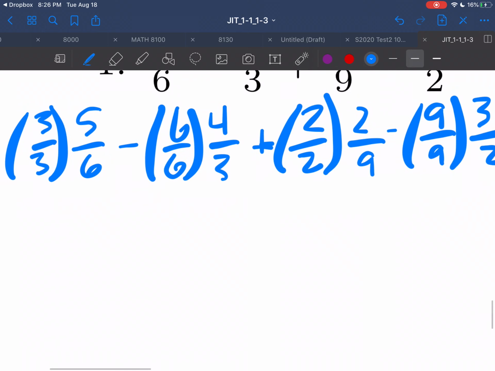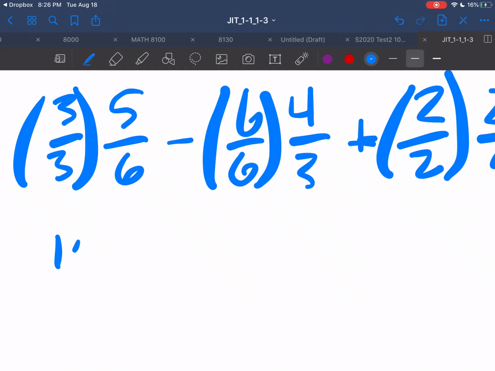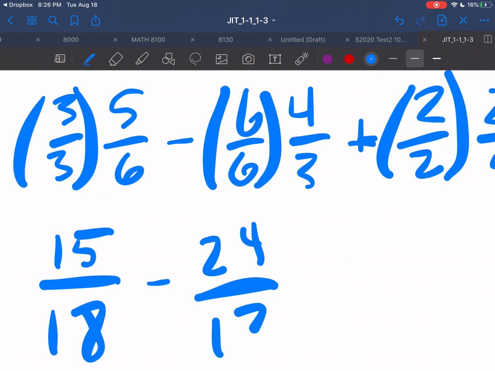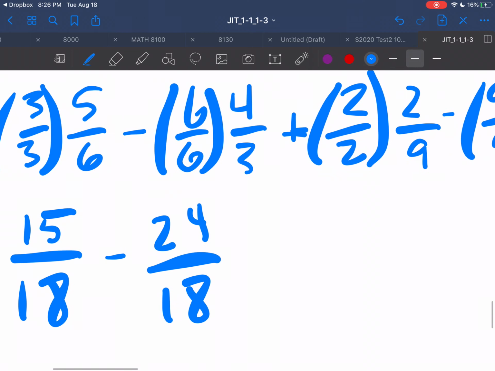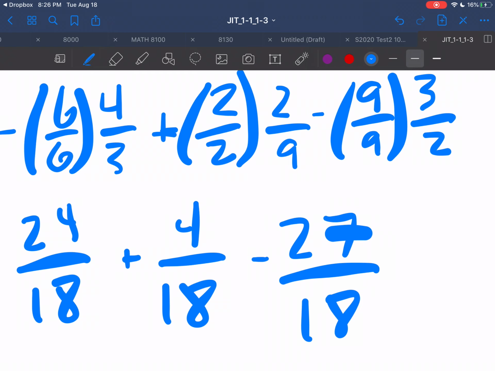All right, so now we'll simplify, and this becomes 15 over 18 minus 24 over 18 plus 4 over 18 minus 27 over 18.